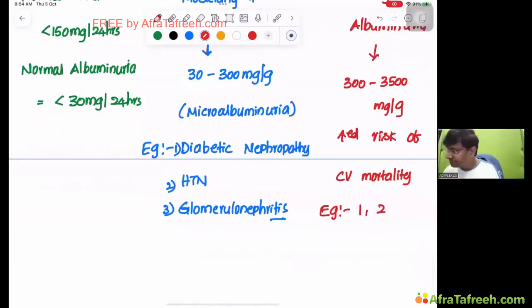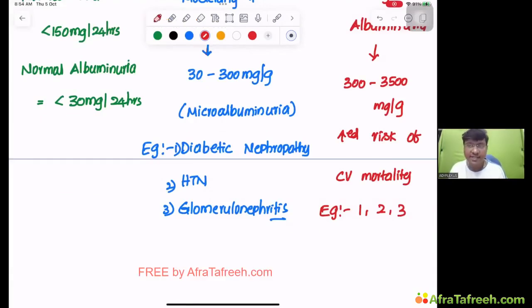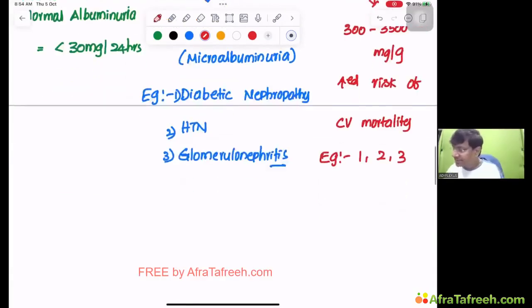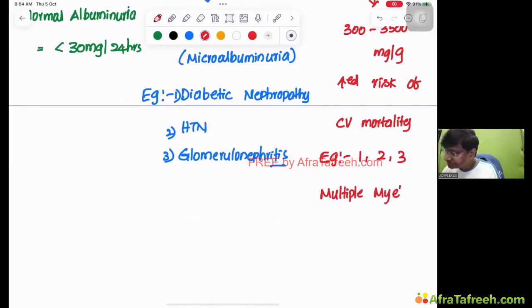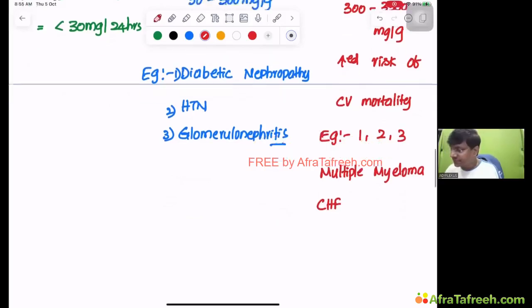Then the other conditions are multiple myeloma, congestive heart failure.